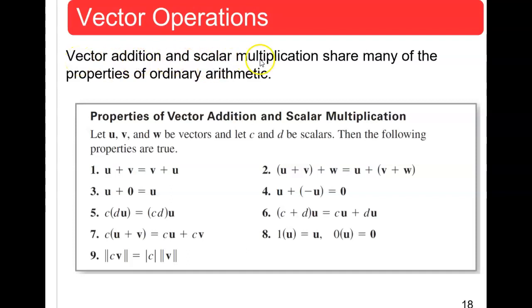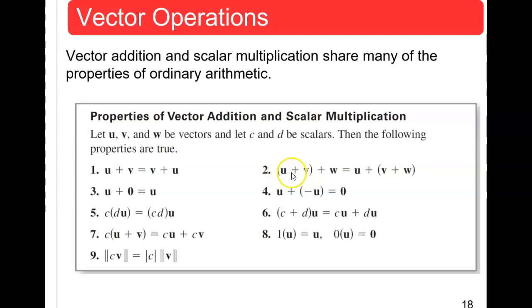Vector addition and scalar multiplication share many of the properties of ordinary arithmetic. So just like you can add two numbers, like 2 plus 3 is the same as 3 plus 2, we could also do that with vectors. So it is commutative for addition of vectors. Also, it is associative, see here on property number 2.